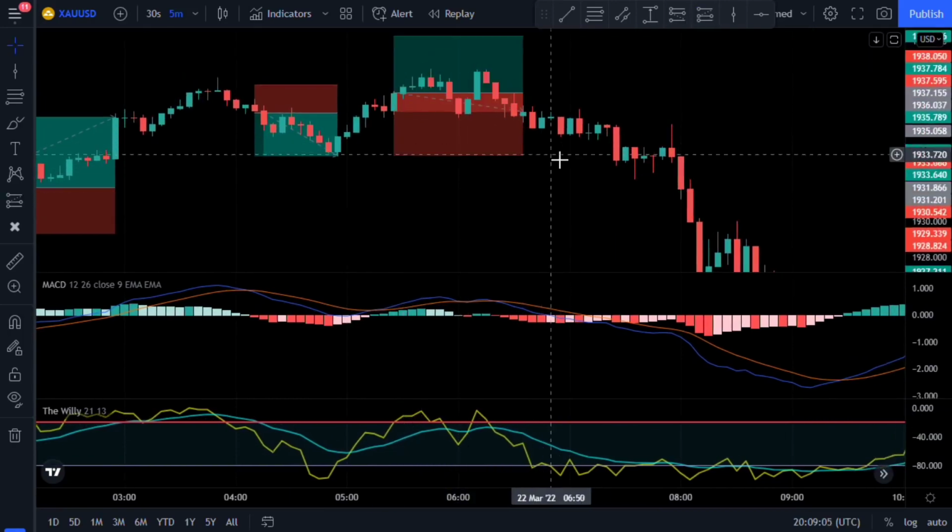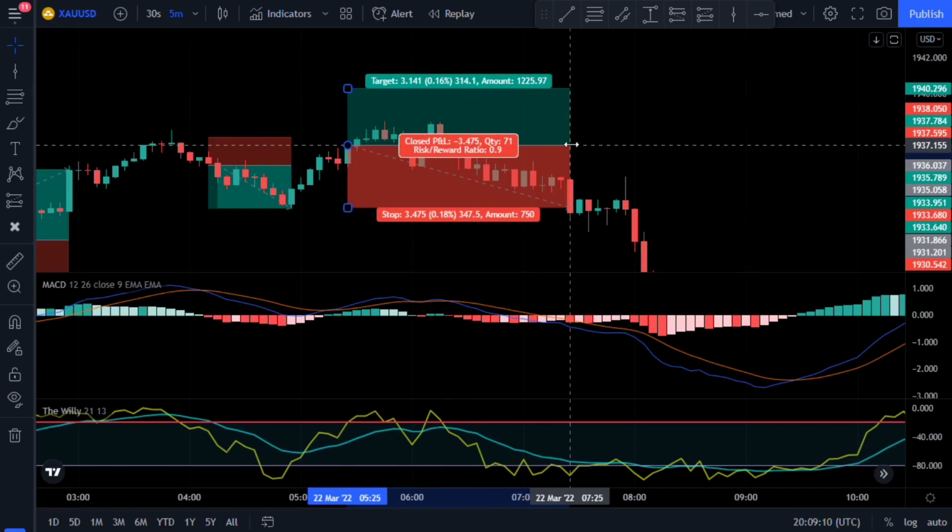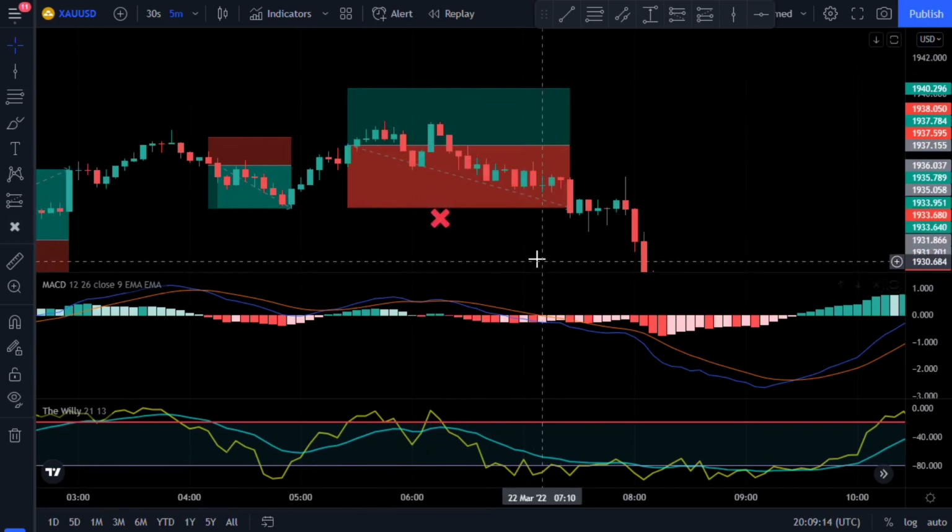You see, there is still an error in the indicators, but by adding the next indicator, these errors will be fixed.